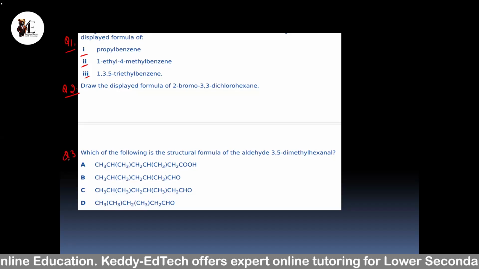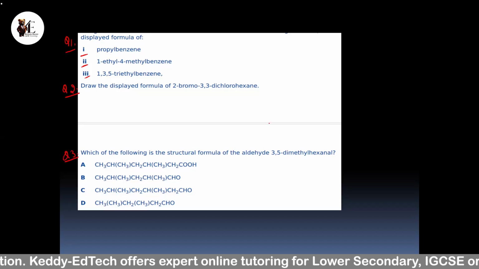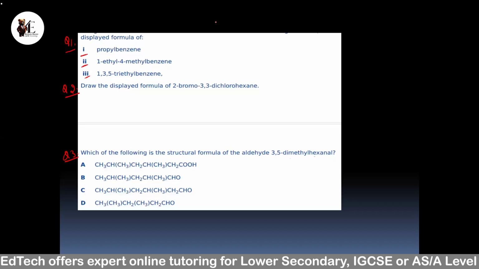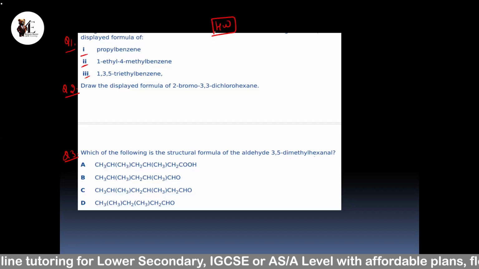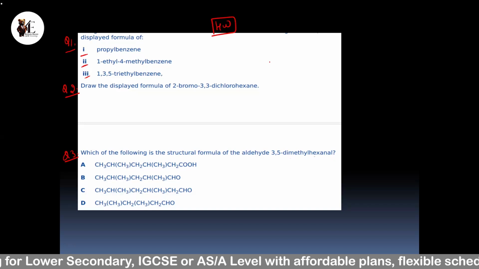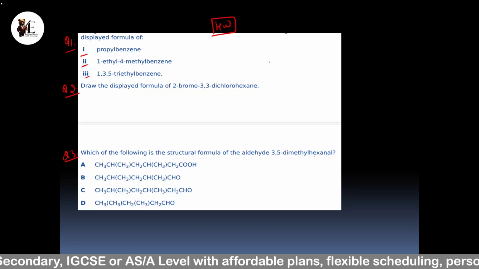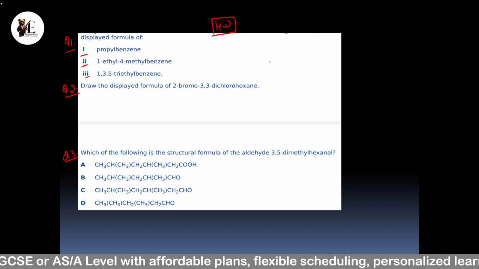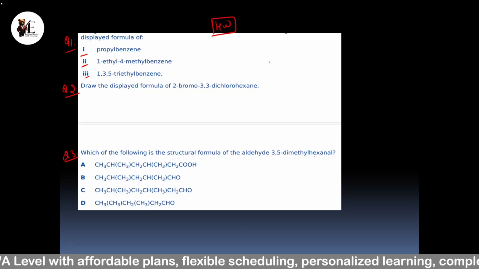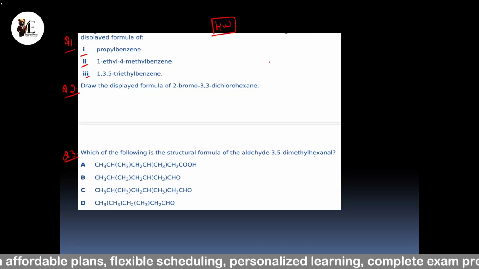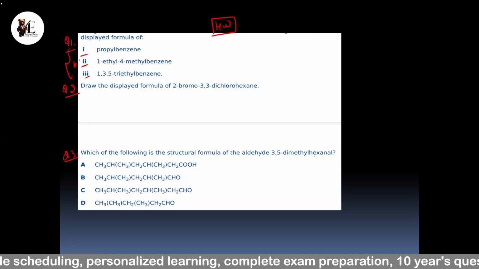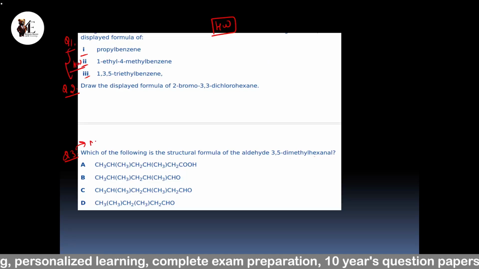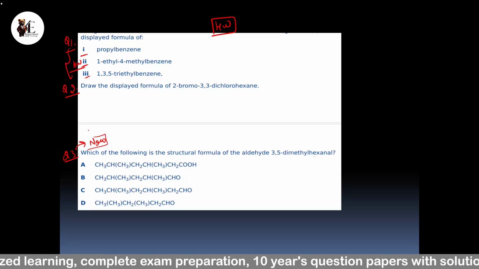Question number 3 is: which of the following is the structural formula of the aldehyde 3,5-dimethyl hexane. Okay, these two are your homework questions, question number 1 and question number 2. Question number 3, you have to solve it now and tell me the correct answer.